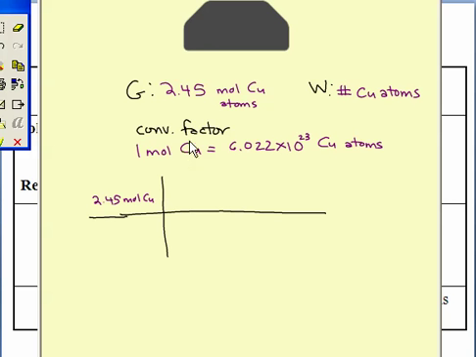Well, there's just one conversion factor that takes us between mole and number. And here it is. 1 mole of whatever we're looking at is equal to 6.022 times 10 to the 23. And in this case, we're looking at copper atoms. So now I have moles here. So down here I also have to have mole. So 1 mole of copper, and the other half of my conversion factor goes on top.